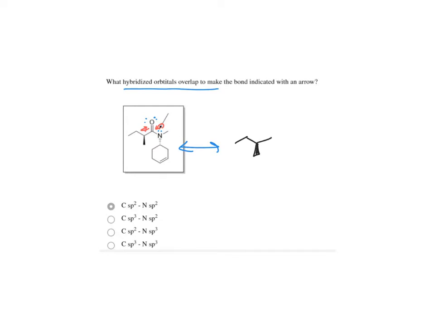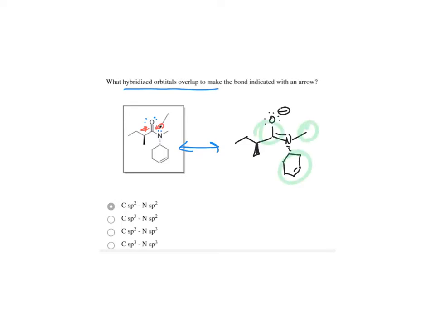And if it forms a resonance structure, then those pi electrons must be sp2. So now you can look at the atoms. On nitrogen, you have 1, 2, 3.